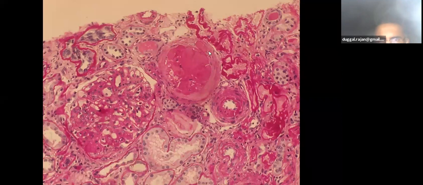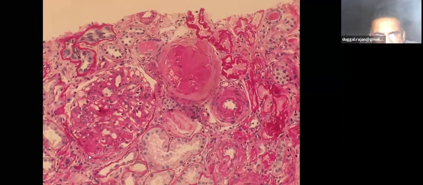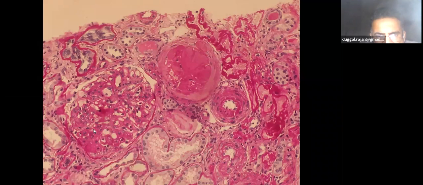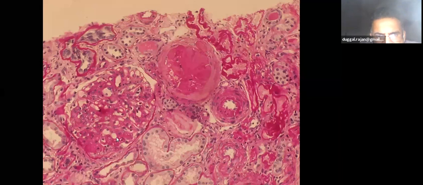So you see, just compare, this glomerulus is showing segmental sclerosis here. You can see the capillary loops which are empty looking, and suddenly in this area the capillary loops are no longer patent, they have lost their patency, and there is some sclerosis, like the purple magenta color, PAS staining is showing some positivity also.